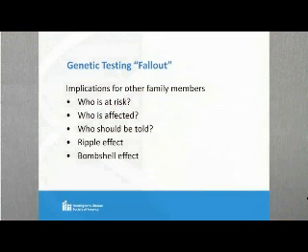There's a genetic fallout in families when you have a positive test, and by that I refer to the effect on other family members. Suddenly the issue becomes who else is at risk, who's affected with this disease and who's not. Who should you tell the test result to? Do you tell your other family members or not? How far will this information spread through the family? It's sort of a ripple effect if you look at the family.